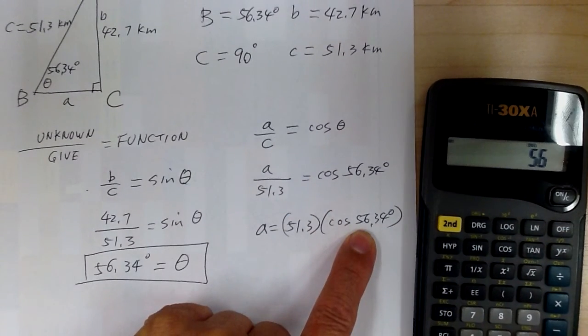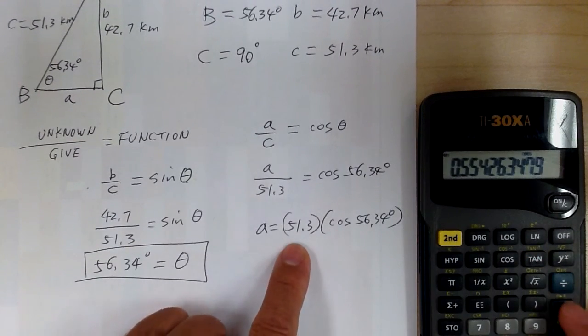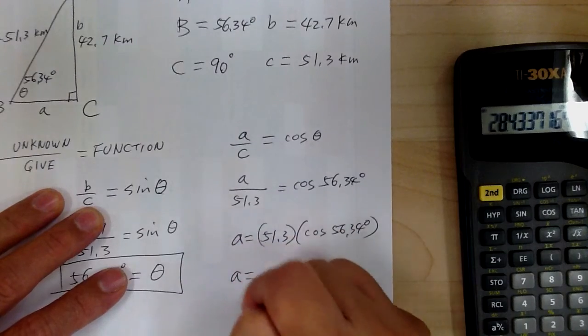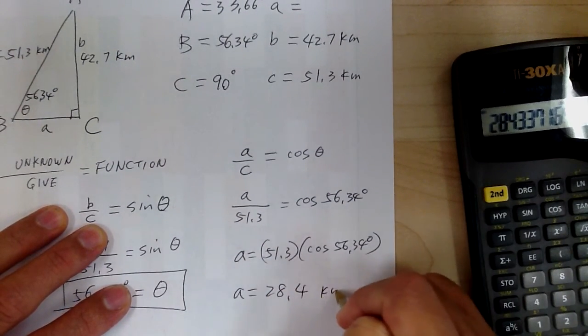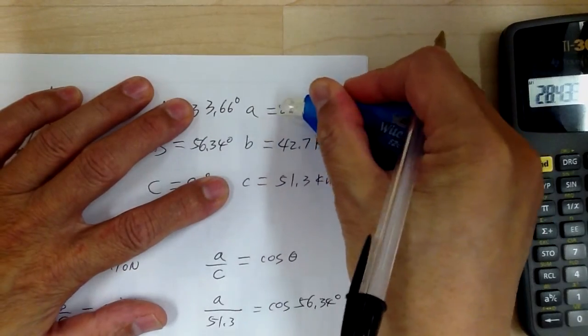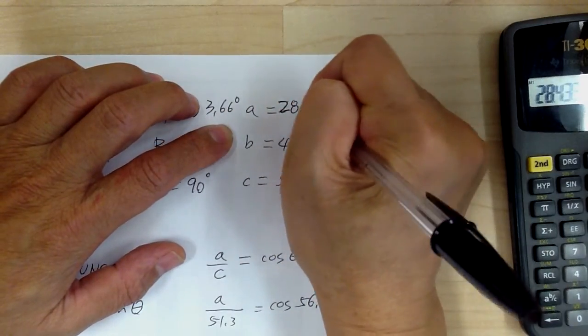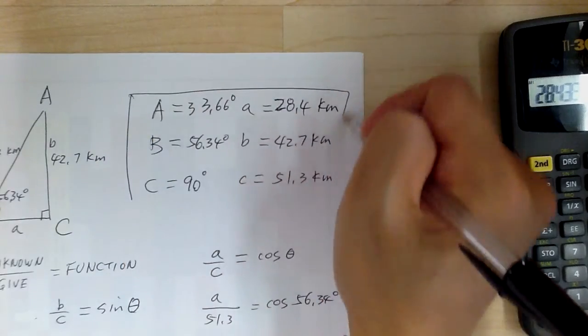So 56.34 degrees, take the cosine of that, times 51.3, push equal. So a equals 28.4 kilometers. And that is your answer right over here.